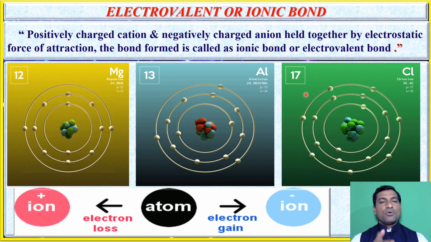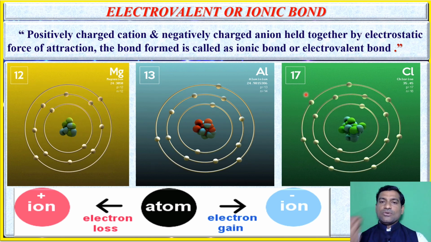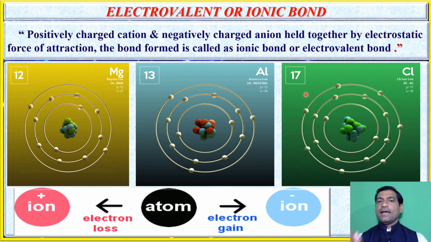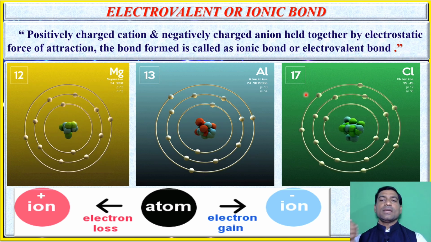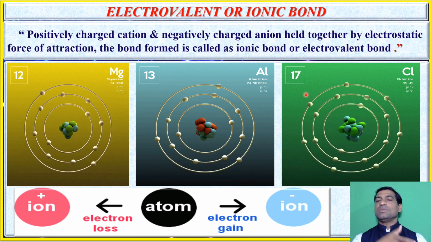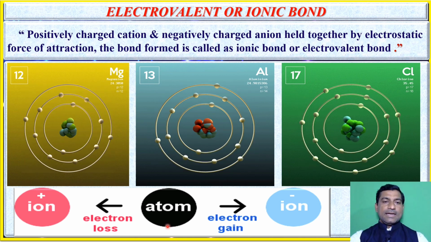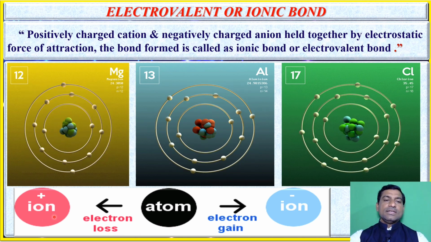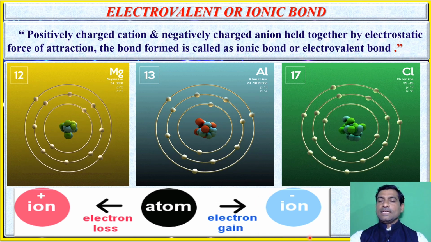Means काय, जे पॉझिटिव्ह चार्ज असतात कोण असतात, which atom can donate the electron, those atoms are positively charged atoms, and which atom can accept the electron, that atom is a negatively charged atom. See here, if the electron is lost, it is a positive ion. If the electron is gained, it is a negative ion.